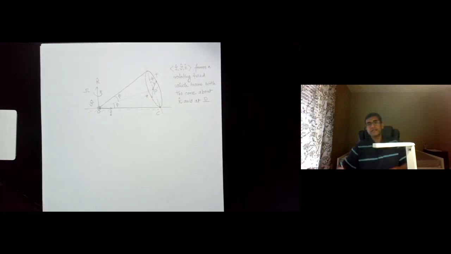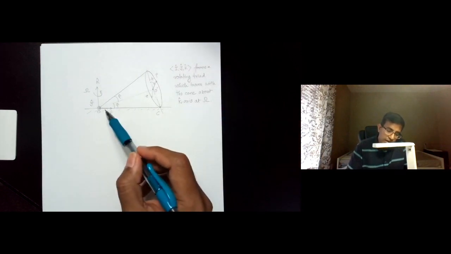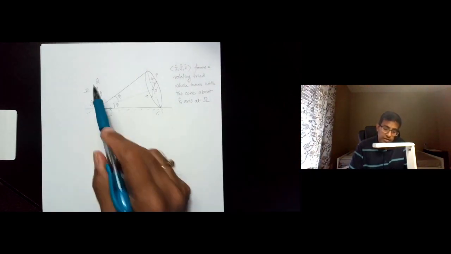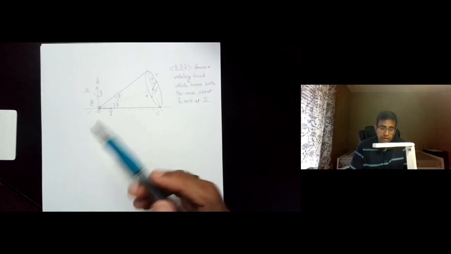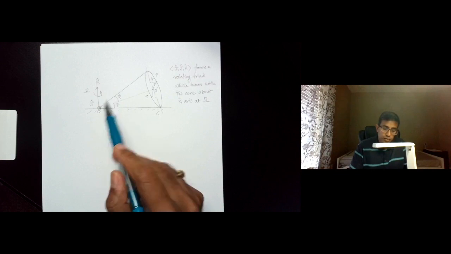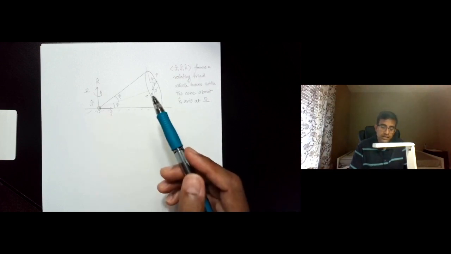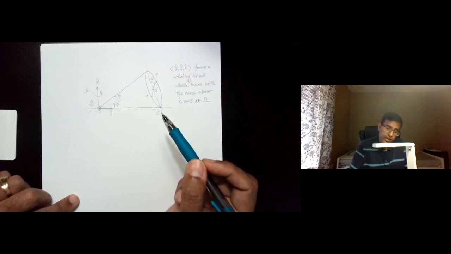So this statement tells you how the IJK triad turns. So we have a rotating frame which turns with the cone, in the sense that it turns with an angular velocity of omega.